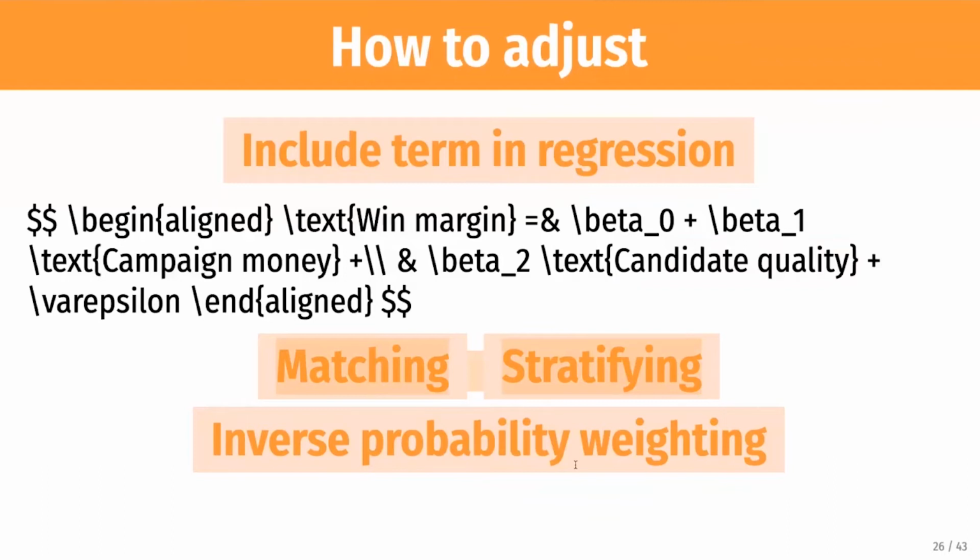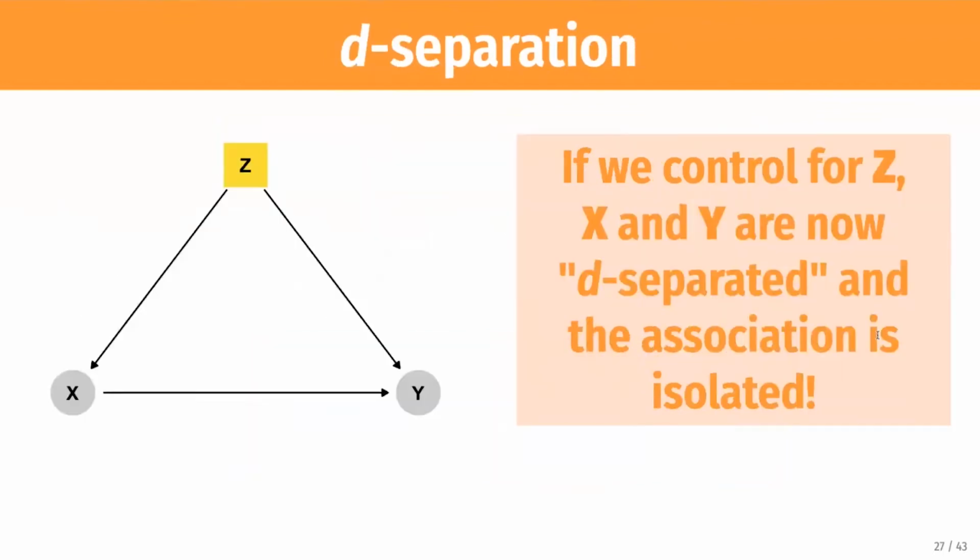And then finally, there's this idea of inverse probability weighting that also lets you adjust for quality, or adjust for all the different confounders. Okay, so once you control for this confounder, then X and Y are what are called d-separated, or isolated. And so that relationship is identified, and you can arguably legitimately talk about causation now.